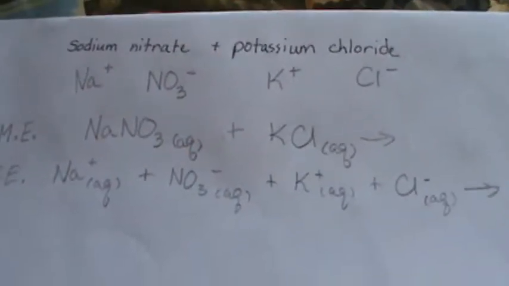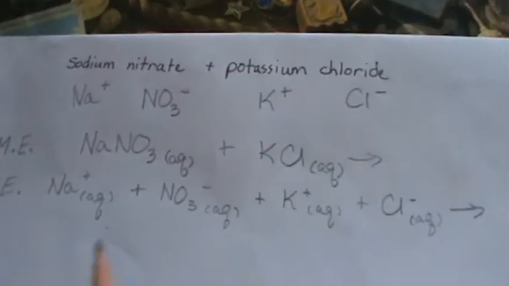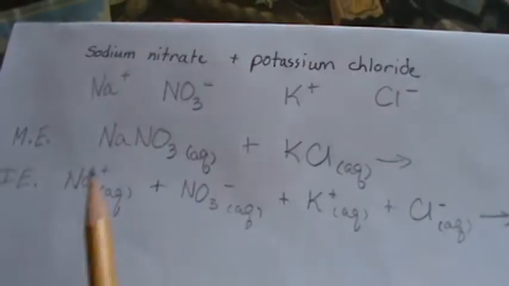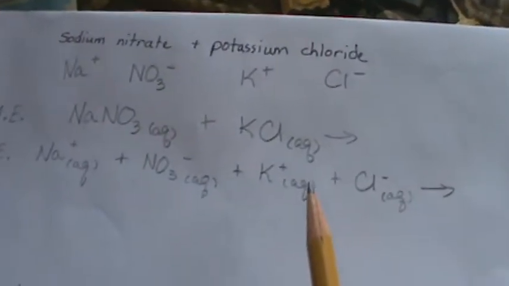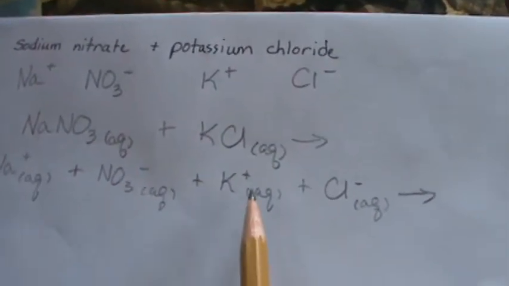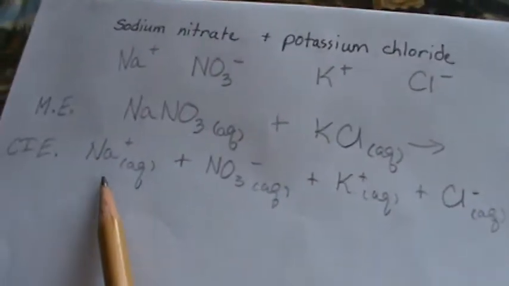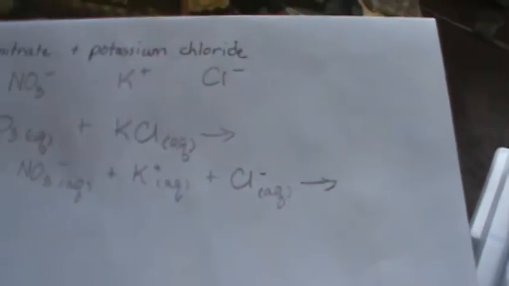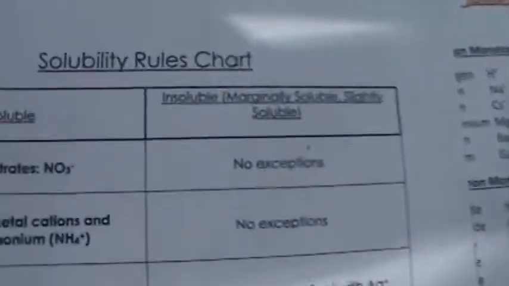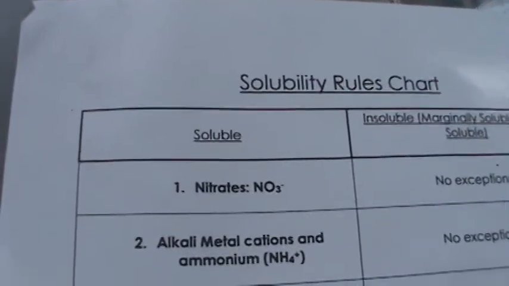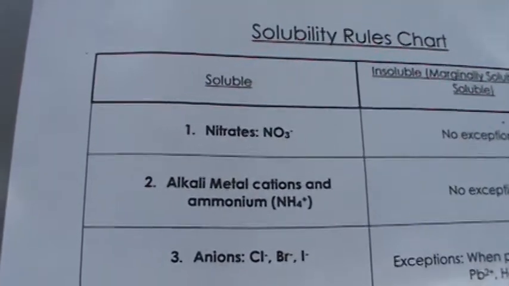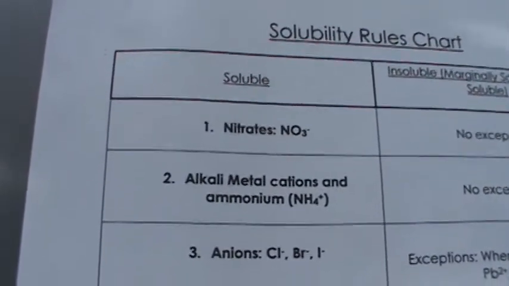Now in this case, we take a look at this and we say, we know that sodium nitrate is aqueous and we know that potassium chloride is aqueous. So what happens if they switch partners? And we get potassium nitrate and sodium chloride. Well, if we come over here to our solubility rules chart, we see that our nitrates are soluble. Our alkali metal cations are soluble.